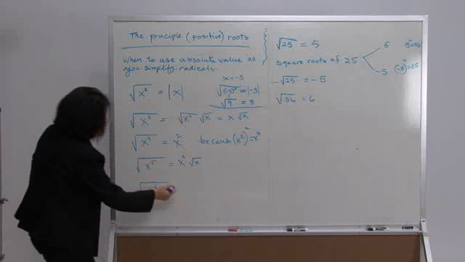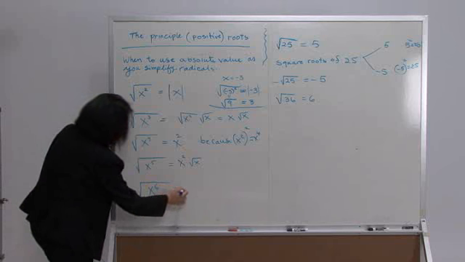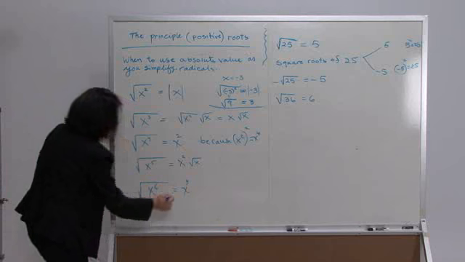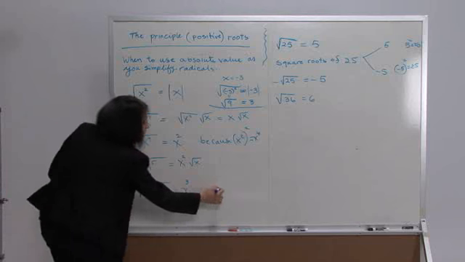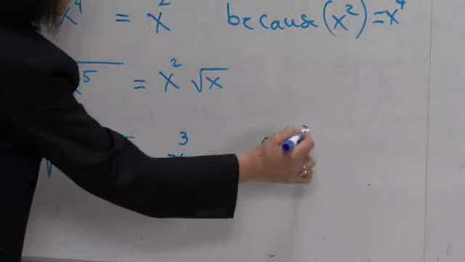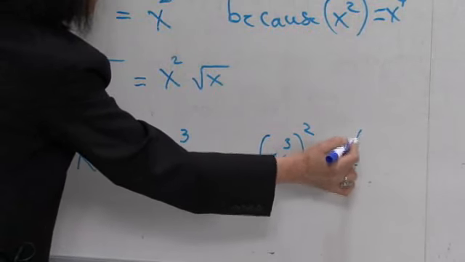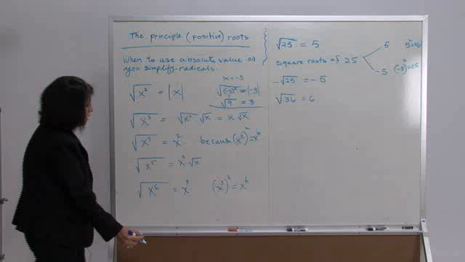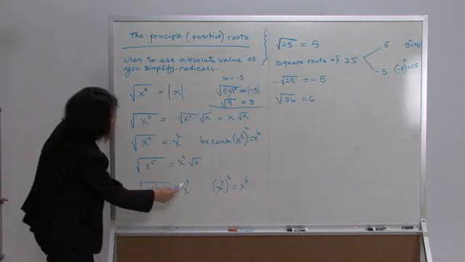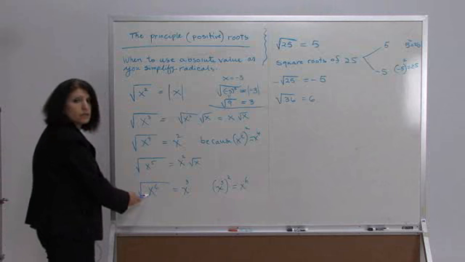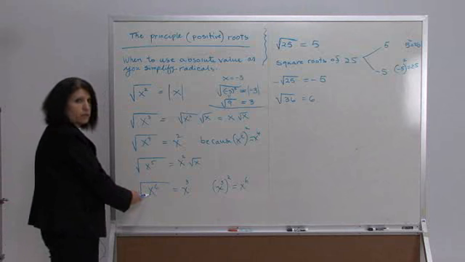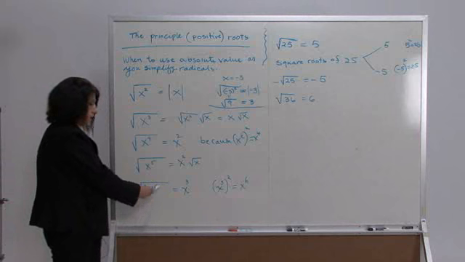Now let's look at the square root of x to the 6. I know it's x cubed. Why? Because when you take x cubed and square it, you get x to the 6. Ask yourself, can x be negative here and the radicand positive?